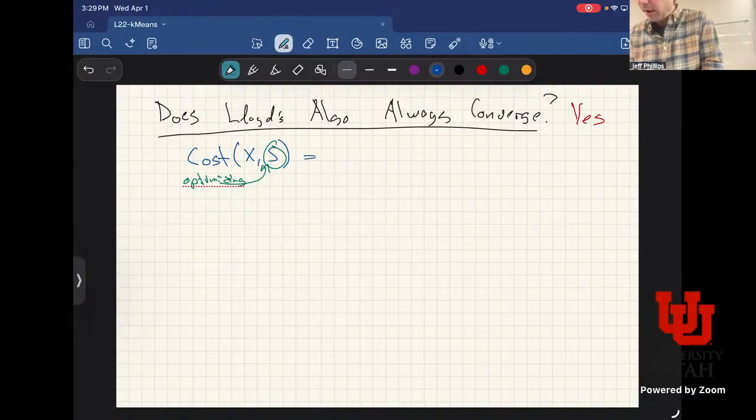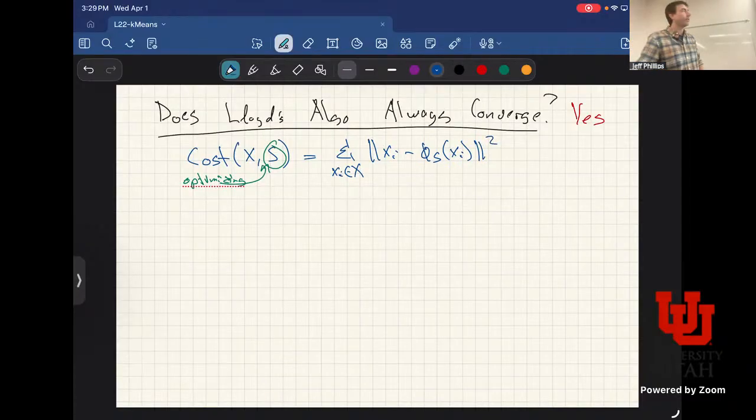Okay, and remember the cost function can be written like this, the sum over x of the distance from x to the assignment onto the closest point. Right, so this is our cost function, and it's convenient to write it as the cost per cluster, or per site.